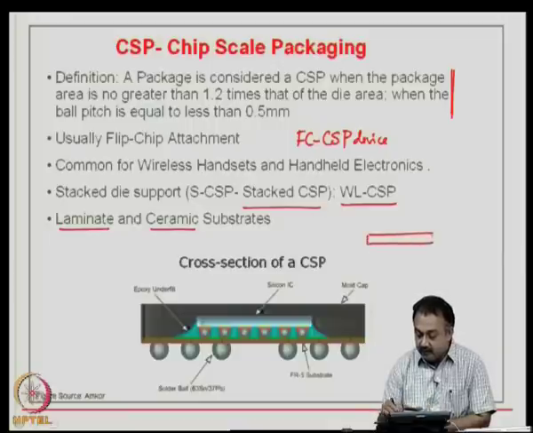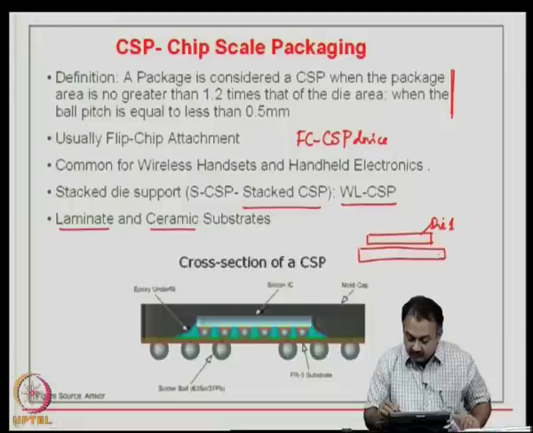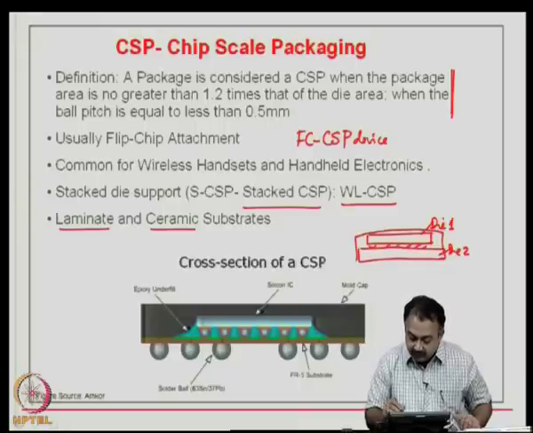Typically you can have die 1. Okay. So, this die 1 can sit or can be attached to another die, die 2, and finally, this can have a package built around it, and this sits on a substrate, organic substrate with a ball grid array.